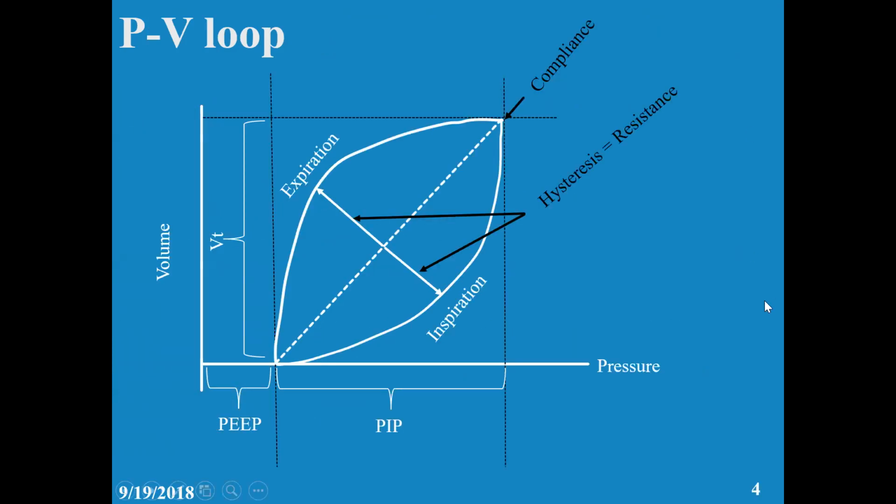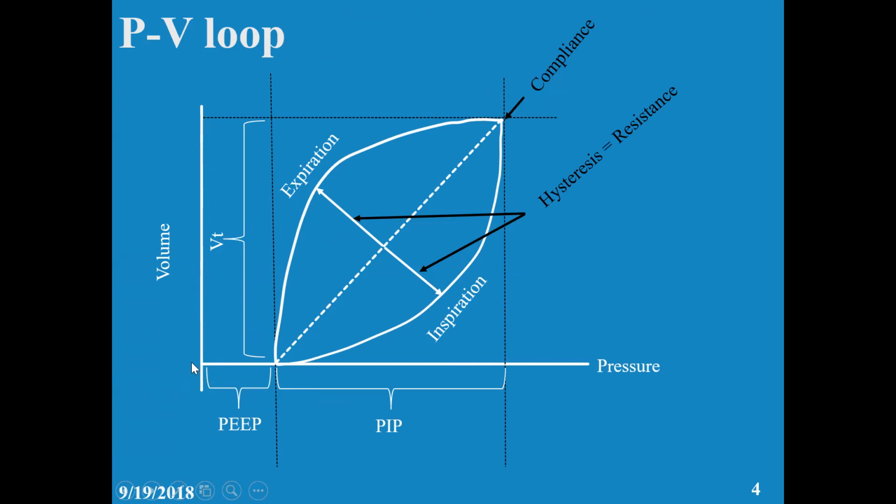Okay, so this is how a pressure volume loop looks. Here we have pressure and here we have volume, and this white limb is the change of pressure over the change of volume.